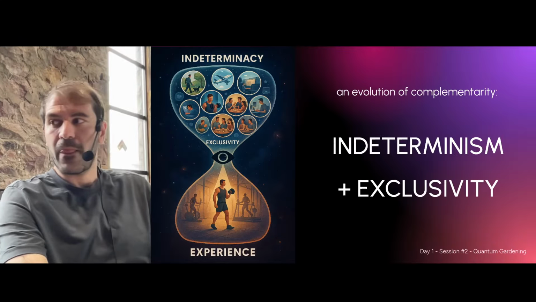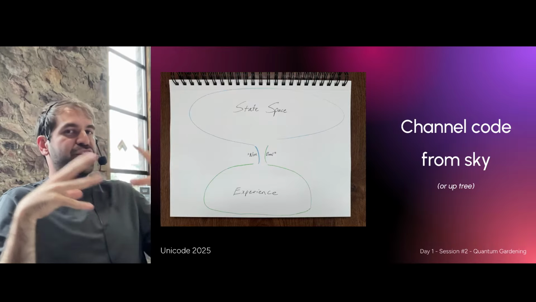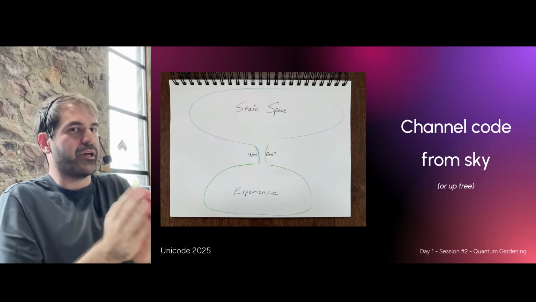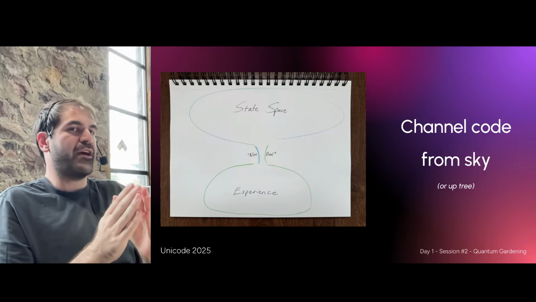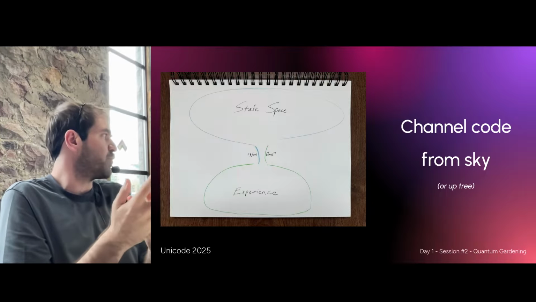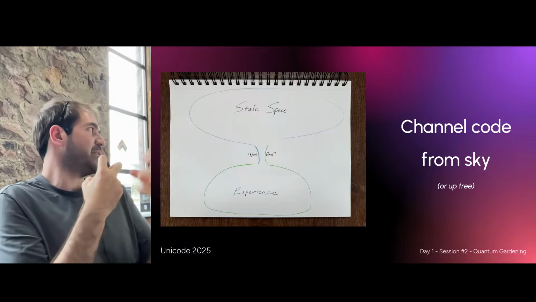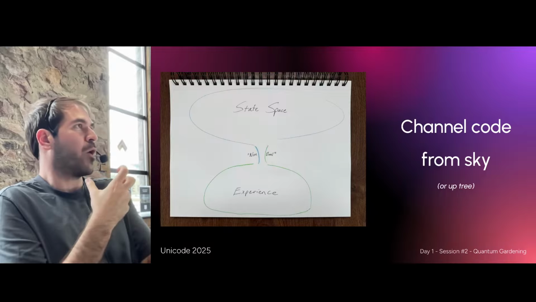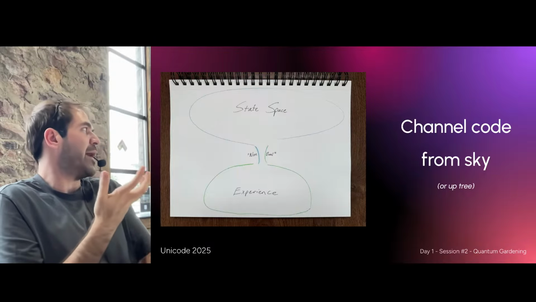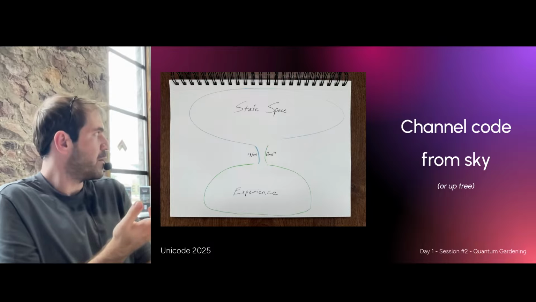So what we're saying is that we're doing some sort of a channeling of code from the sky into a single experience, or some sort of a channeling of code from the roots of the tree up the tree into its fruit or its leaves. So the state space and the experience are a non-dual conscious manifold, but they appear as a dual experience because it's two sides of one coin.